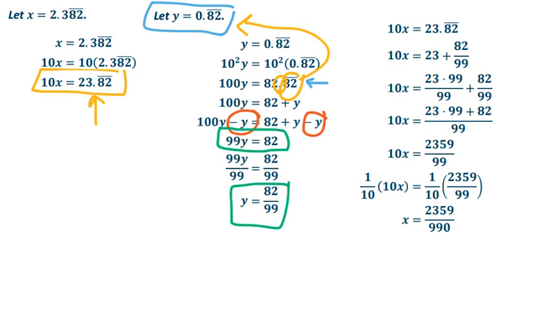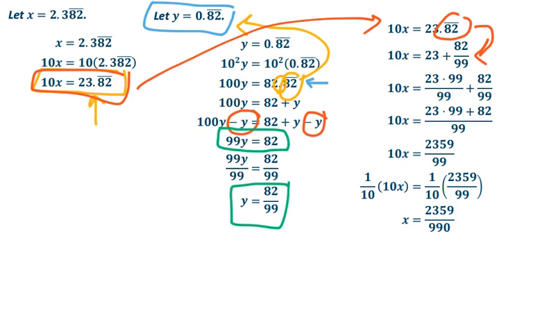My last bit is here. I go back to where I began over here, and I'm going to separate out the 0.82 repeating again, and then I'm going to put everything over 99 because I want common denominators. When I do that, and then I add them together, I'll have 2,359 over 99 equal to 10x.